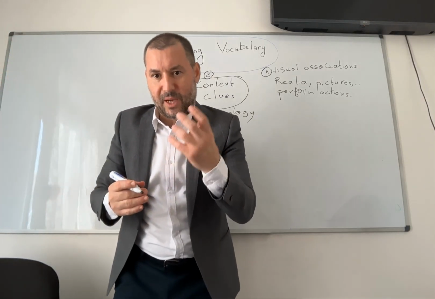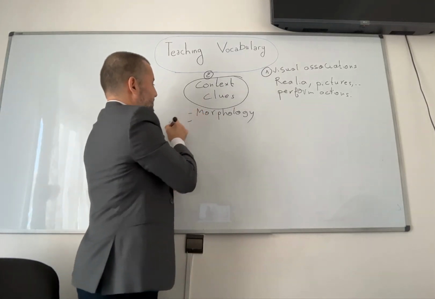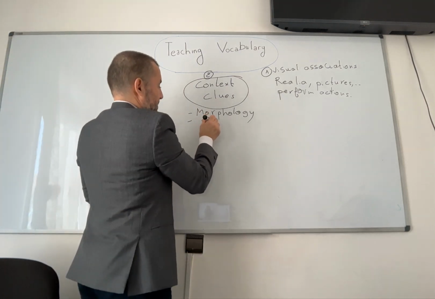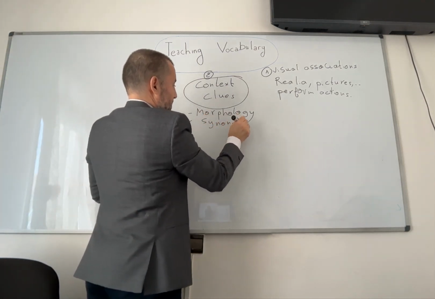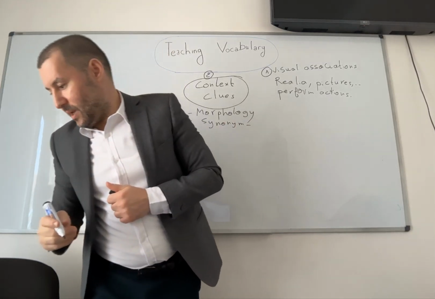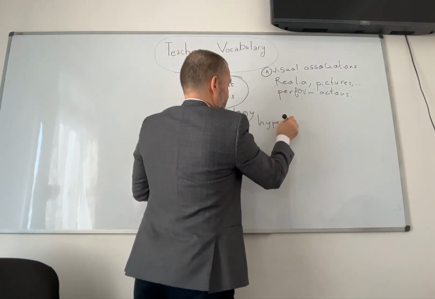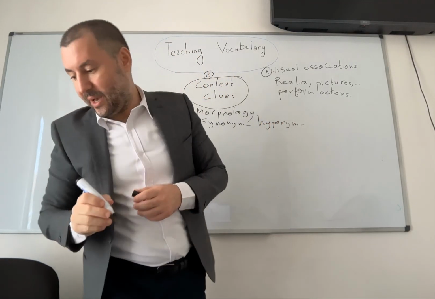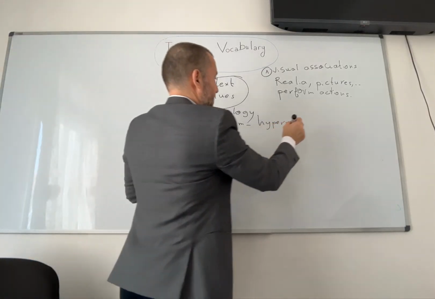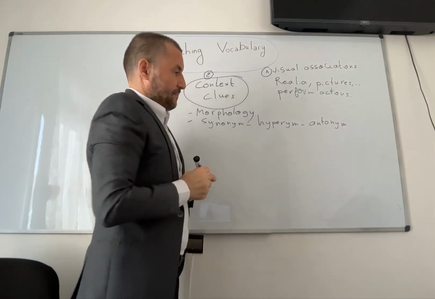So students can derive meaning of words through morphology. This is one. We have also synonyms. Okay, we have synonym. We have also hyponym. And we have antonym.